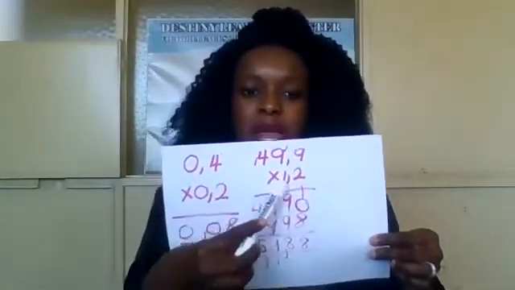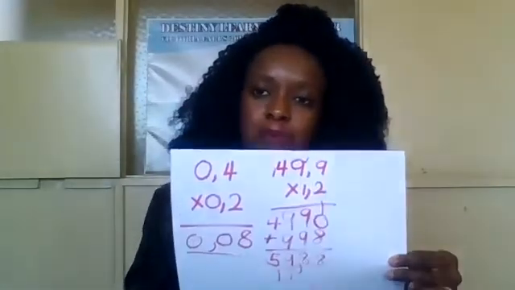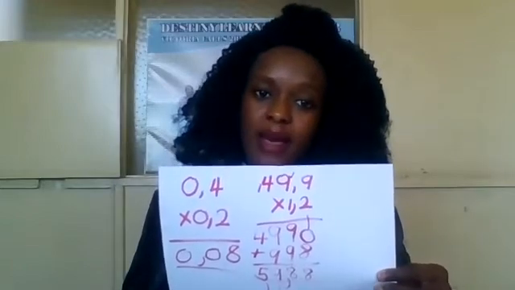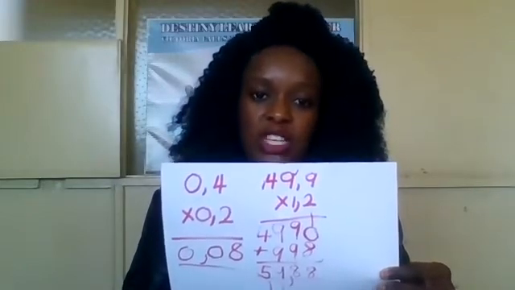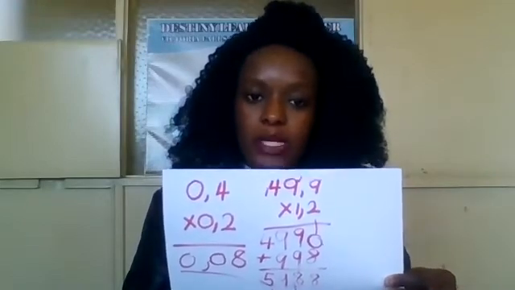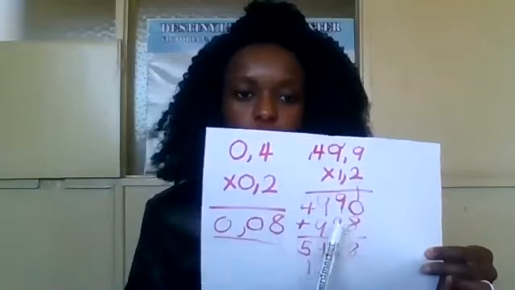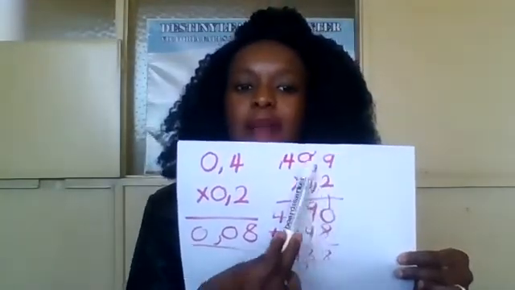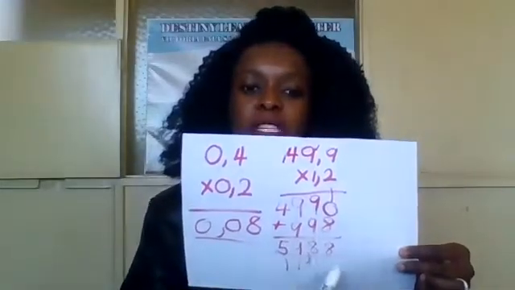When you are multiplying, you treat the number as if there is no comma, but remember, afterwards, you count the numbers after the comma, and your comma must be visible there.